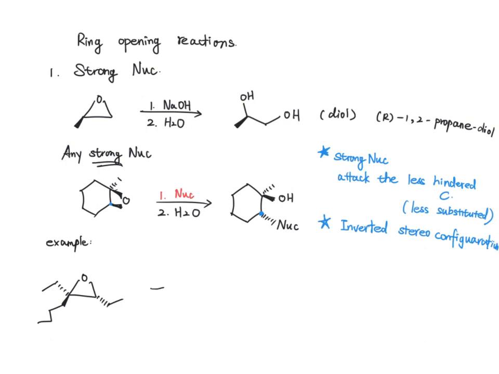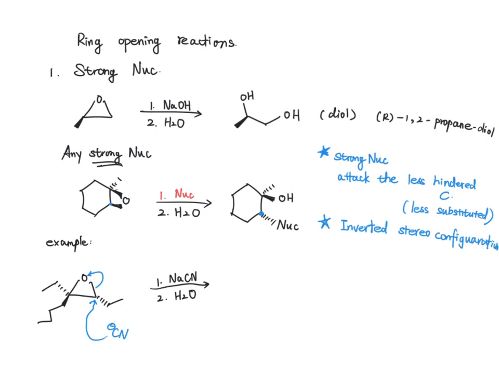And I will say first we introduce the cyanide group, which is a strong nucleophile, weak base, and second, water. So let's look at the reaction mechanism here. This strong nucleophile is coming to the less substituted, less hindered carbon, the electrophilic center, and at the same time this kicks off the leaving group.